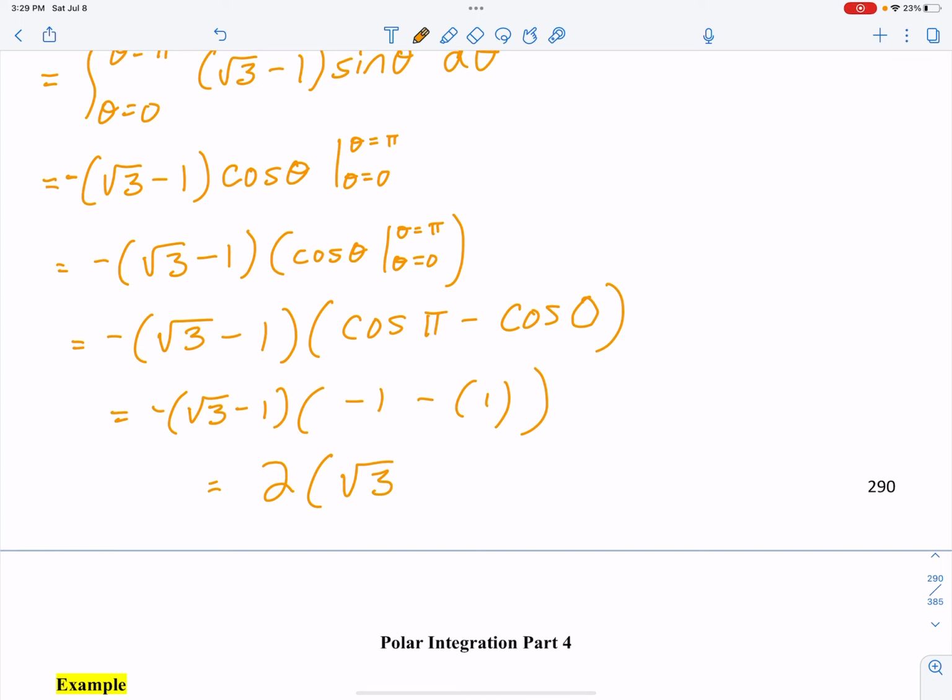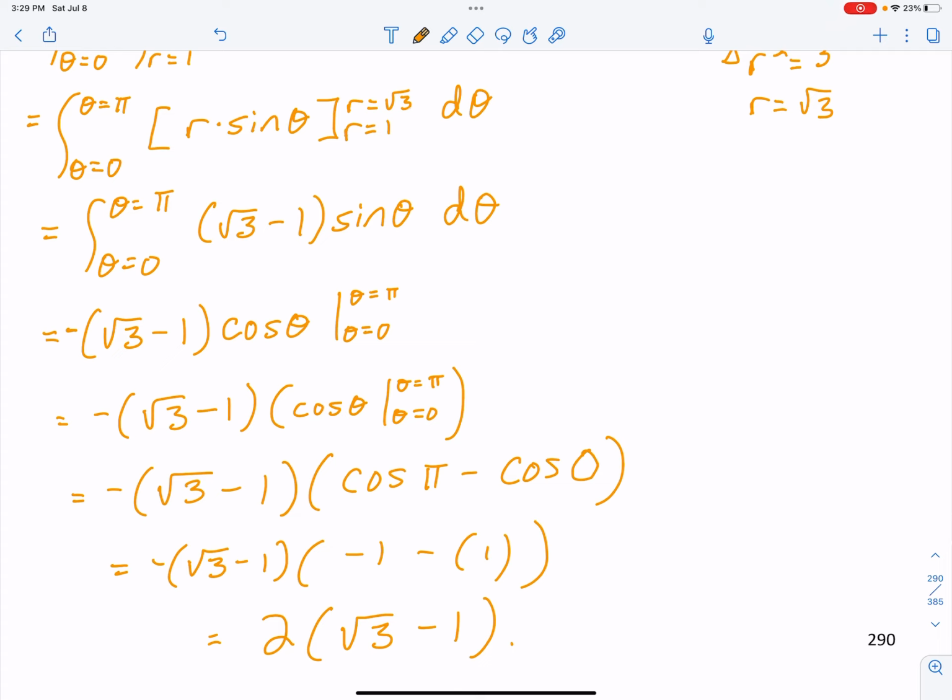And I get 2 times root 3 minus 1 for my exact answer. So that is the volume above. Like I said, I would challenge you to do 0 to 2 pi and ask yourself, why did the answer come out different? I'm going to tell you it's not the same. Some of you can probably put it together just looking at the region and thinking about that y value in the numerator. But I challenge you to do 0 to 2 pi and think about why it did not work that way.